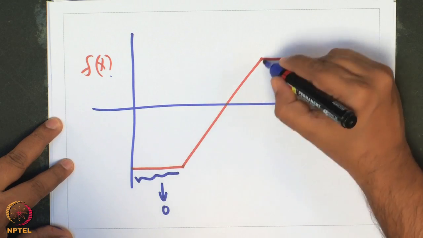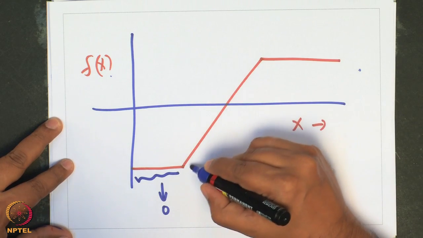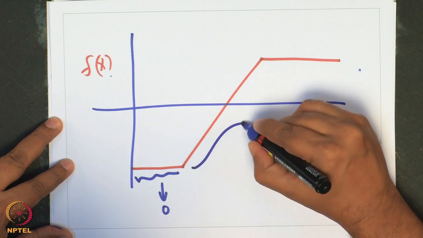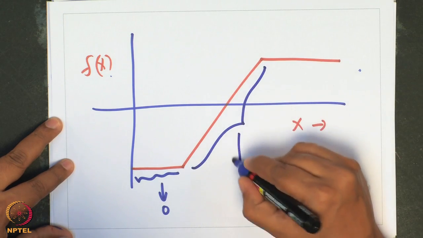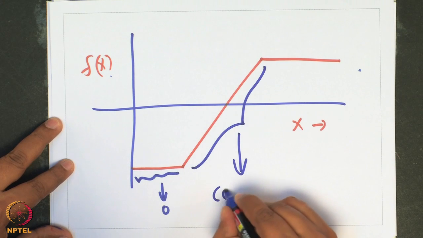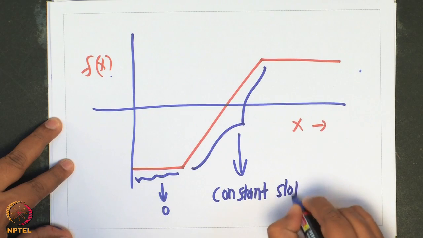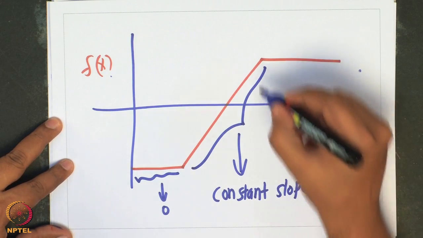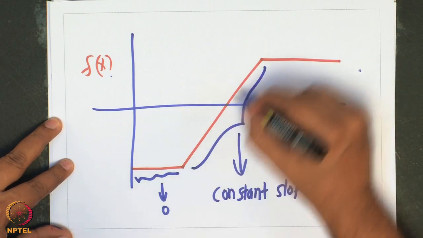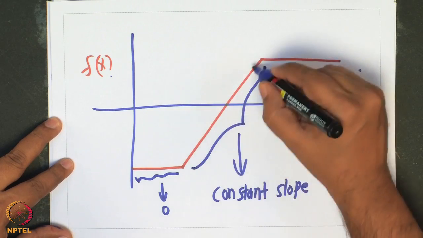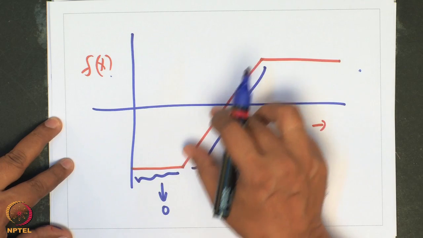This part is like a straight line, so it will have a derivative which is a constant slope. This is like y is equal to mx plus c, so it will have a derivative m, which is the same everywhere, like here or here or here.